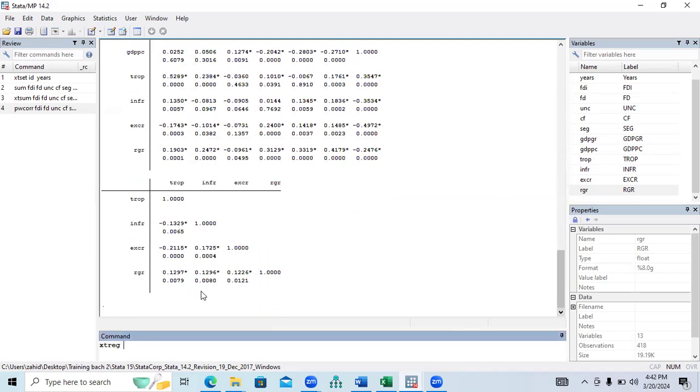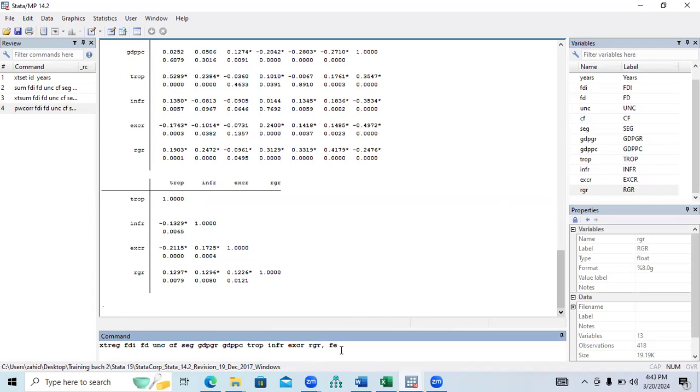So xtreg, then you need to put your dependent variable in this data set. The dependent variable is FDI, that is foreign direct investment inflow. Then you need to put your independent variables one by one after clicking from the right side of your data set like this. Then after putting a comma, you need to write FE.